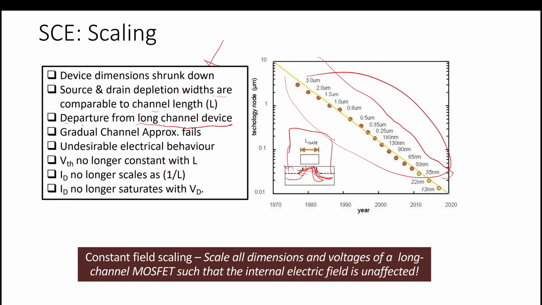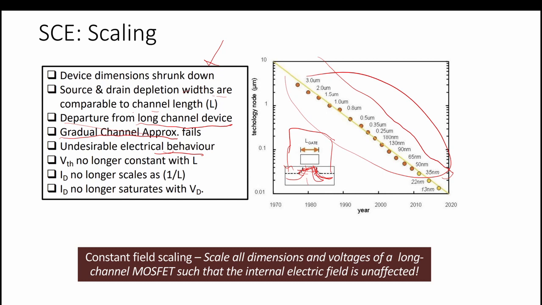We are departing from the long channel because several effects come in, like drain induced barrier lowering, and the gradual channel approximation fails. So the equations that we derived previously won't be applicable in this case. There will be undesirable electrical behavior, a high leakage current, and the device won't get turned off.